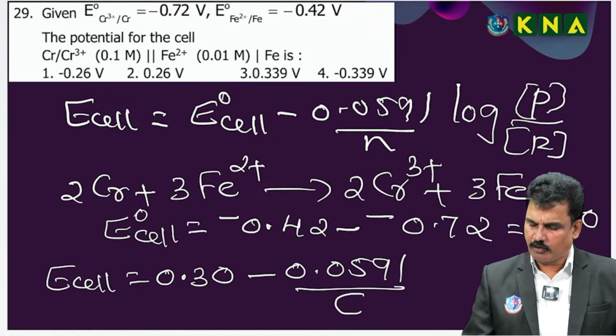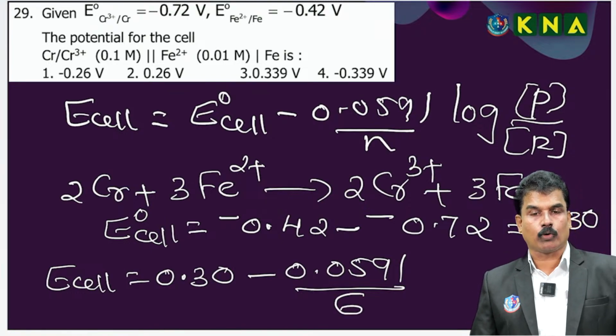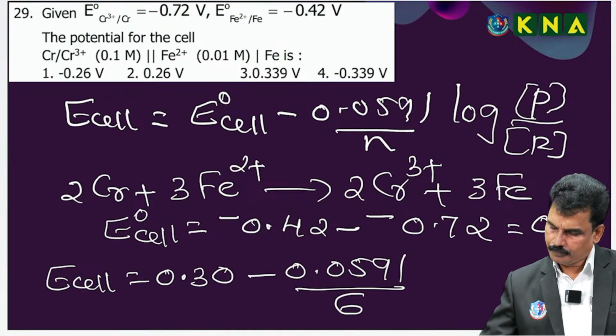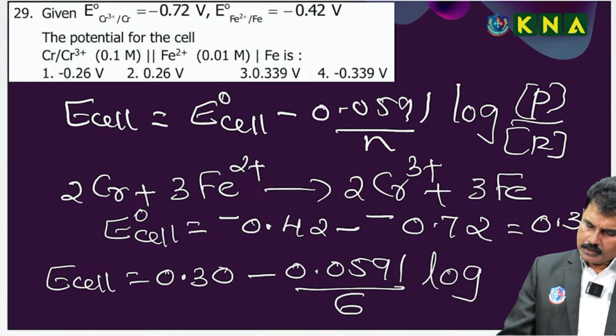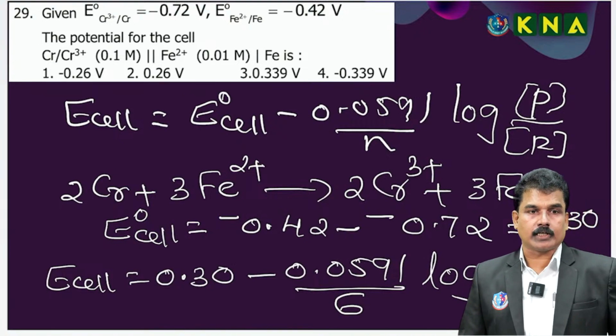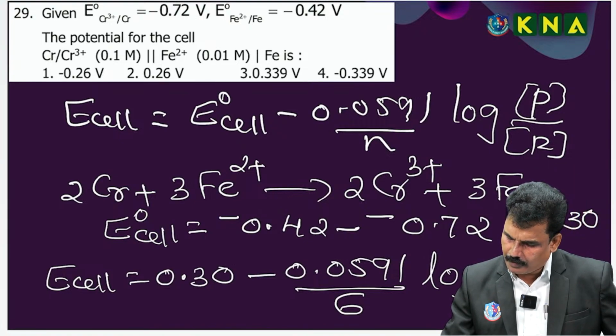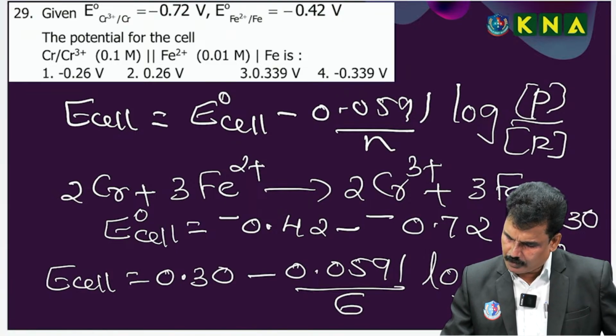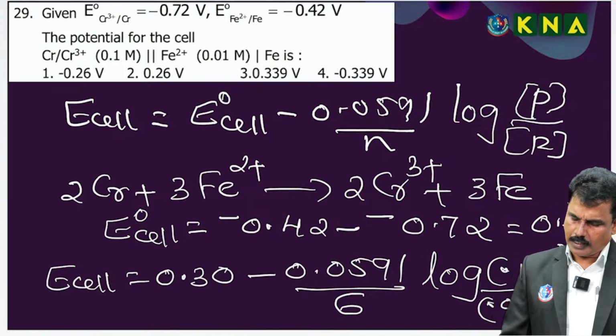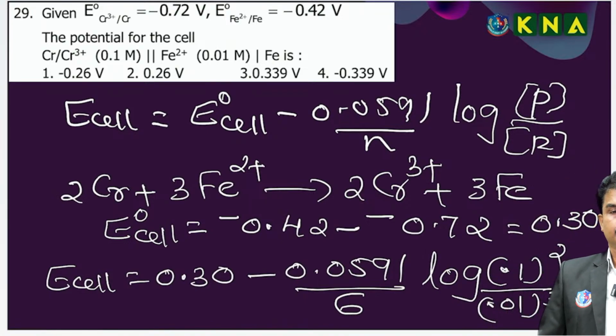0.0591 by what is the n value? 6. How many electrons cancelled? That is the n value. Then log product, Cr3 plus. What is the concentration of Cr3 plus? 0.1, the whole square, by 0.01, the whole cube. That is the EMF of the cell.